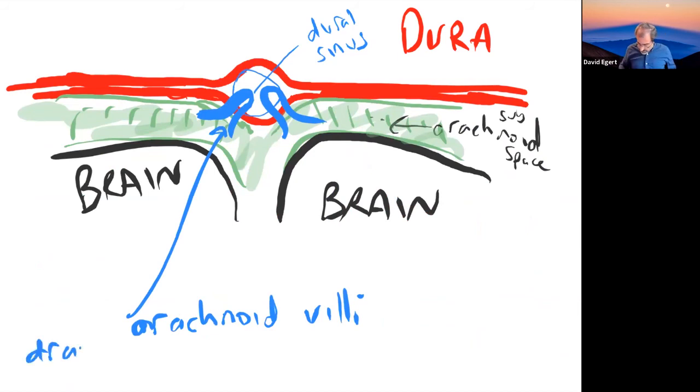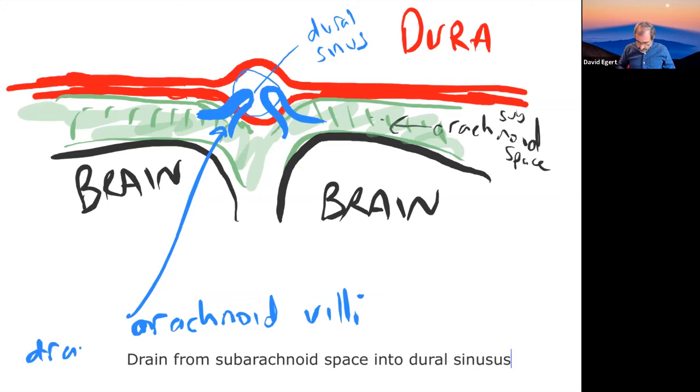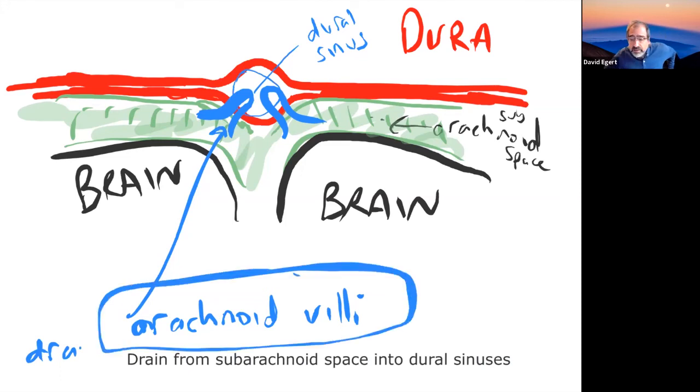In fact, let me use my typing, so this is going to be better. So basically, these arachnoid villi are how we're going to drain the CSF that's in the subarachnoid space into the dural sinuses.